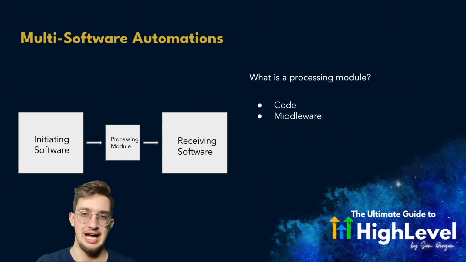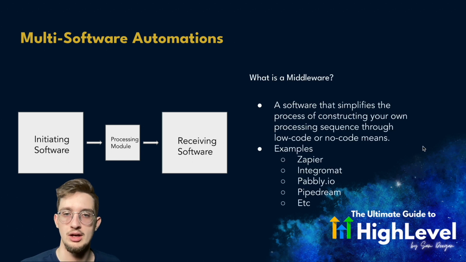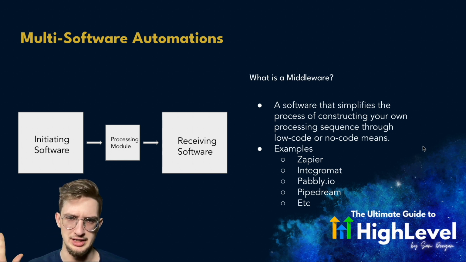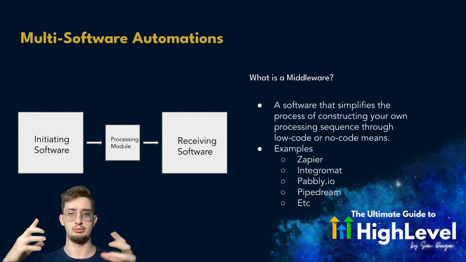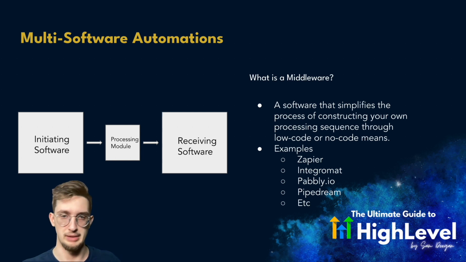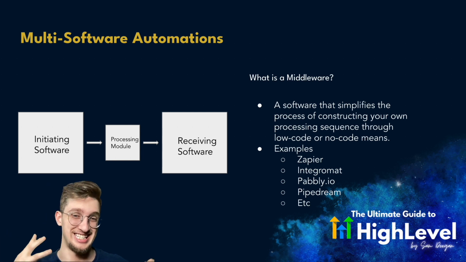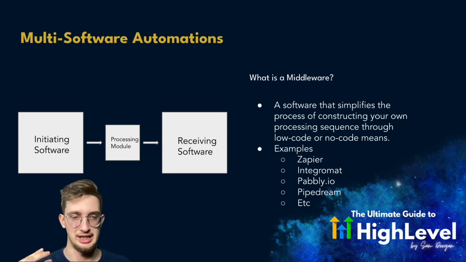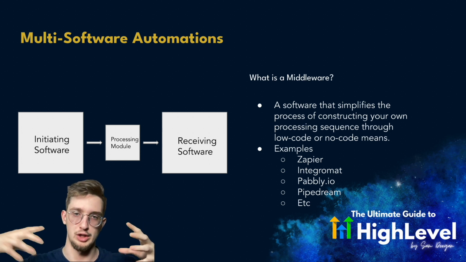As I said before, Zapier, Pabbly, Integromat, another one would be Pipedream, and there are a few others as well. So, software that simplifies the process of constructing your own processing sequence through low-code or no-code means. That's pretty much what a middleware is. When I say processing sequence here, just know that I'm talking about some kind of workflow automation.